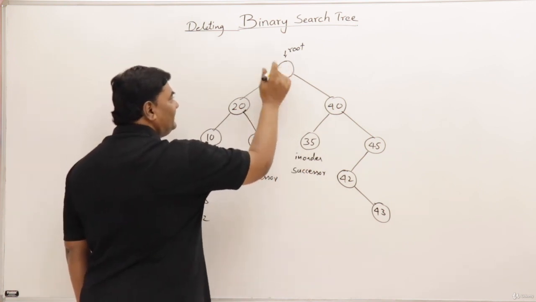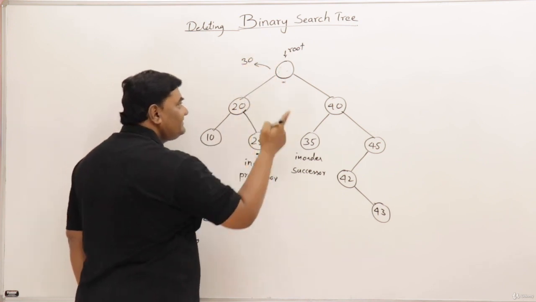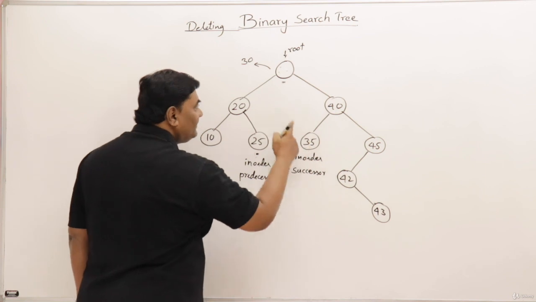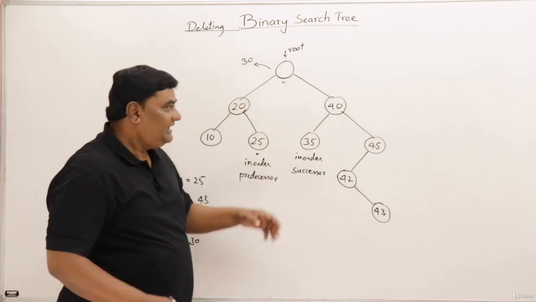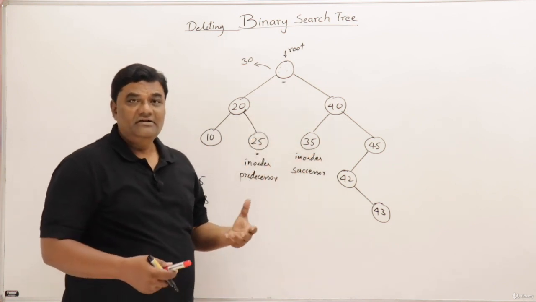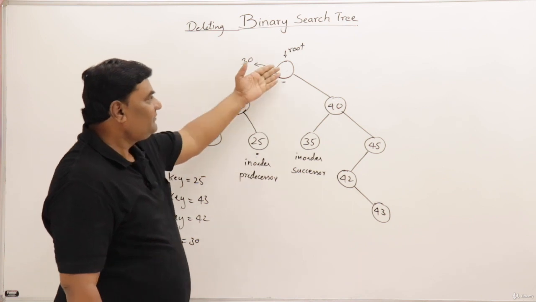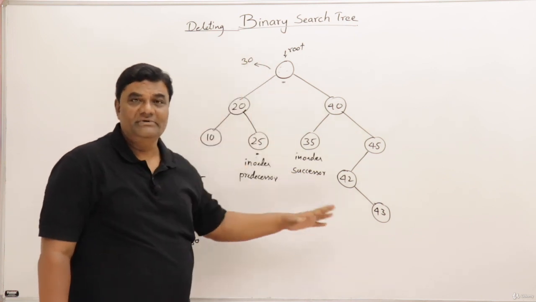If you are deleting 30, then either the inorder predecessor will take its place or the inorder successor will take its place. Here we assume they are leaves. So a leaf node will come into its place, and we don't have to disturb so many nodes.